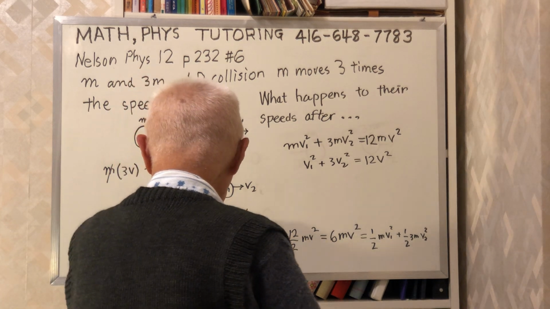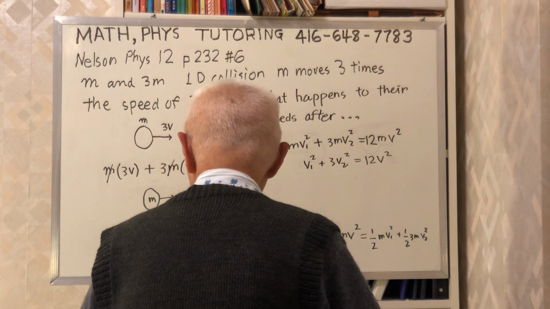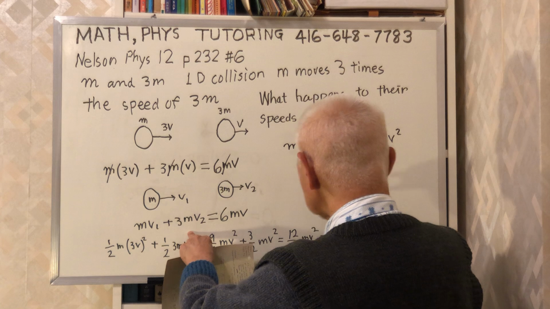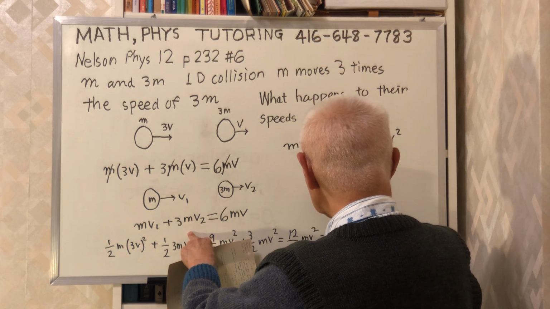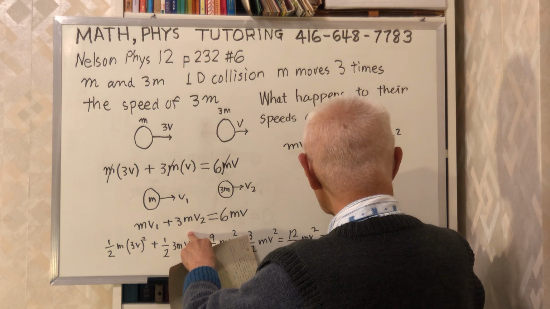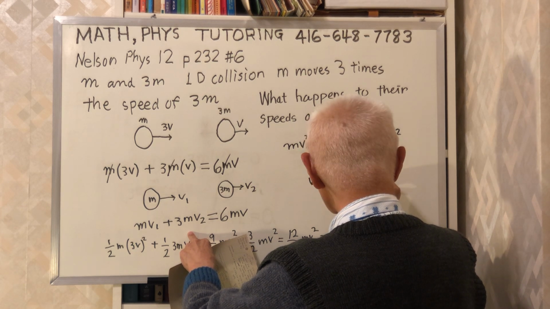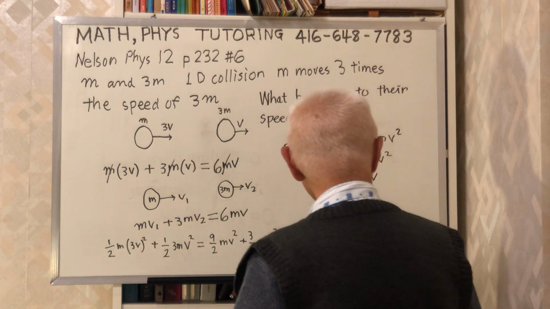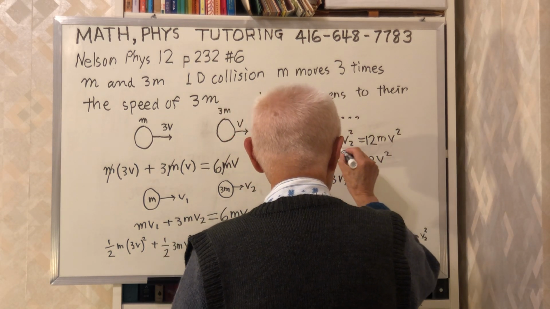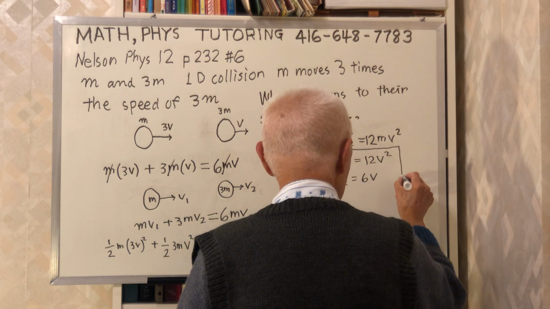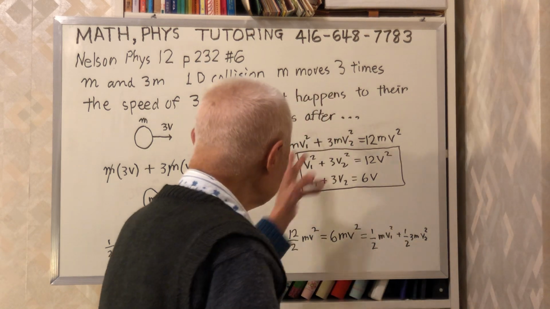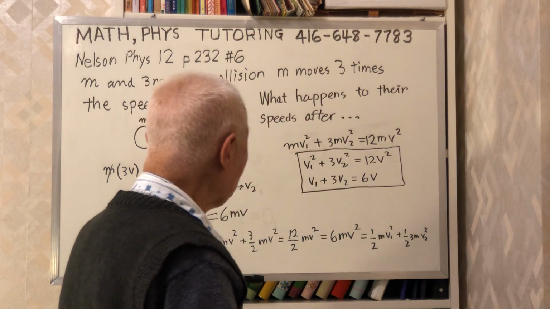And from momentum consideration, I have v1 plus 3v2 equals 6v. All right. So I have these two equations. Two equations, two unknowns, I can find v1, v2.